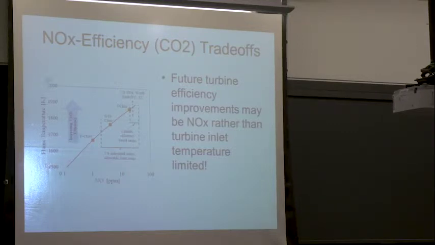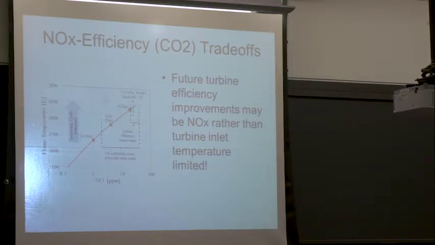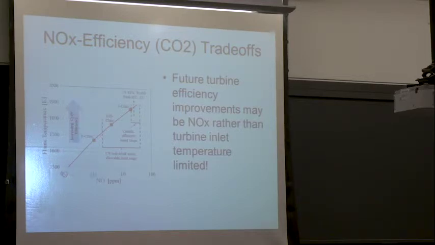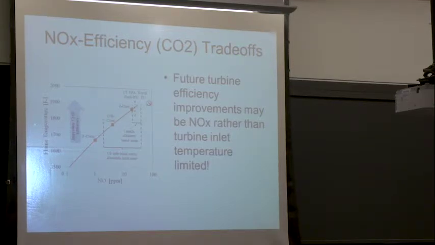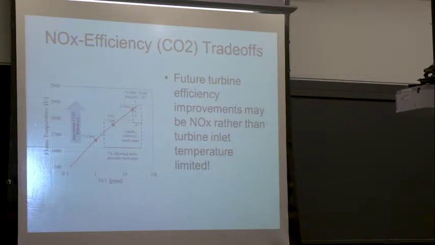And so as you go up in flame temperature, you're increasing cycle efficiency, all right? But we also know for a fixed residence time system, as you go up in flame temperature, you're increasing NOx. So this is a simple calculation from Chemkin for, I don't remember, it's like a 20 millisecond flame where the combustion products are at 20 milliseconds. And it shows you how NO varies with flame temperature.